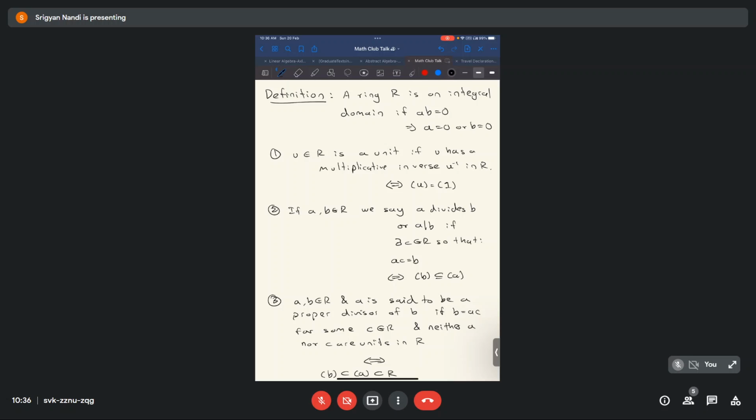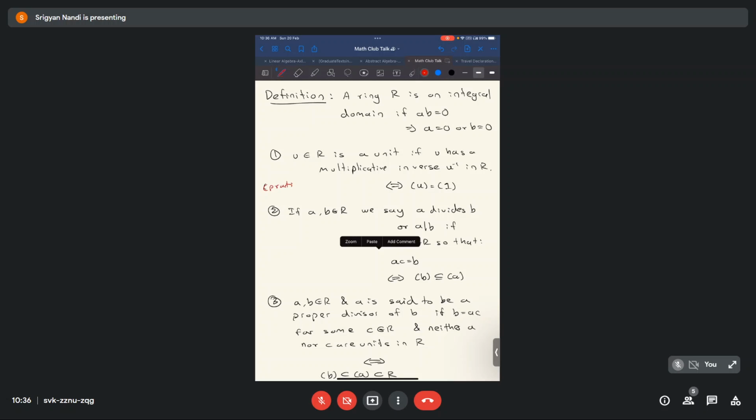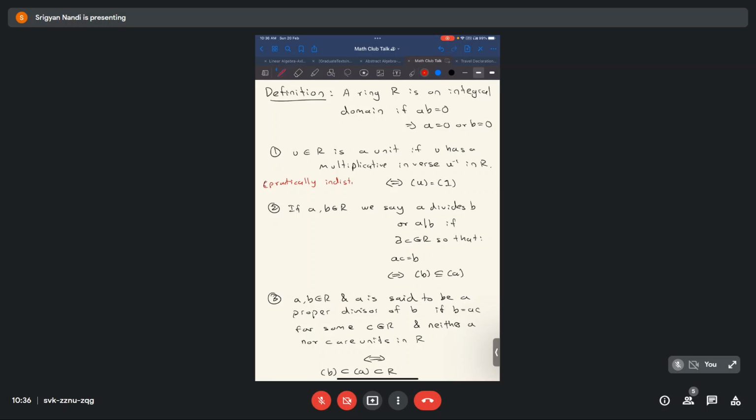that these units are practically indistinguishable in properties from one.